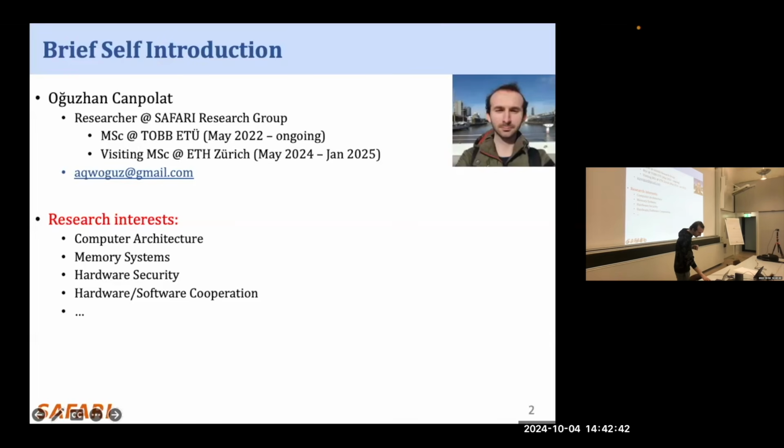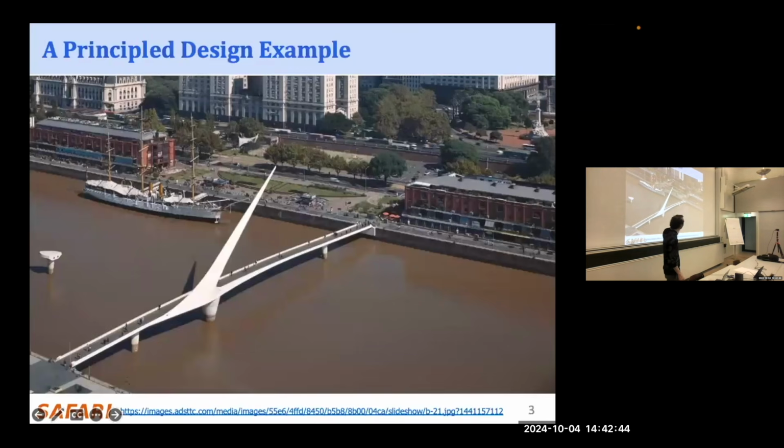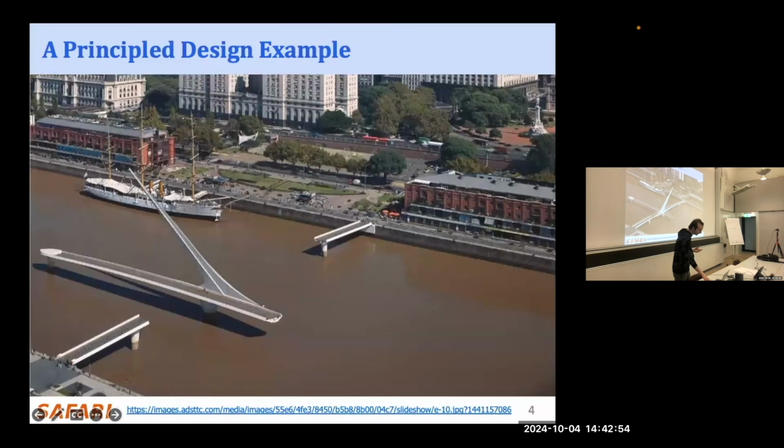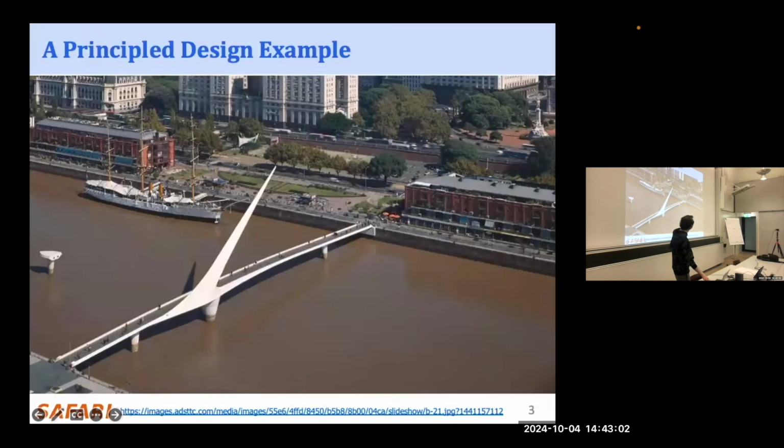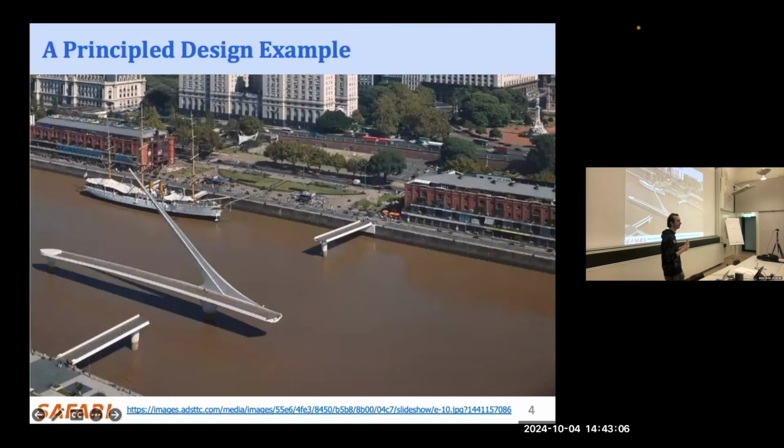I think it's also a nice coincidence that we have such a beautiful bridge while we're talking about industry solutions. I think this is a very principled design example to show how something can be elegant while satisfying the needs of a design. This bridge can allow pedestrians to walk from one side to another, and when necessary, it can rotate and allow boats to pass.